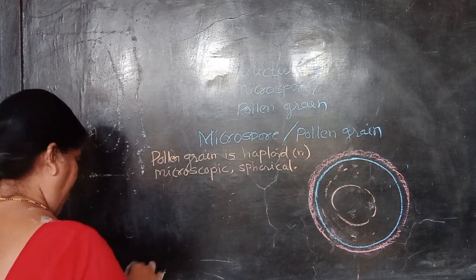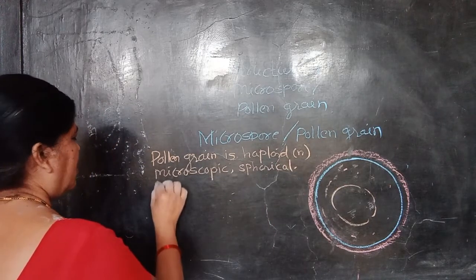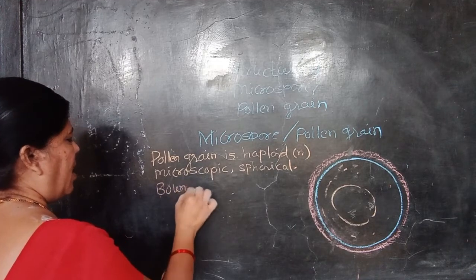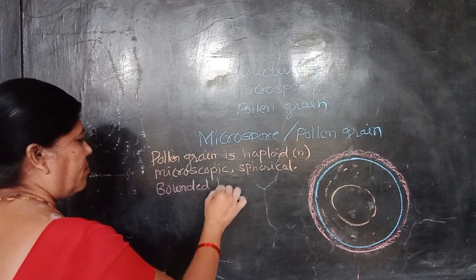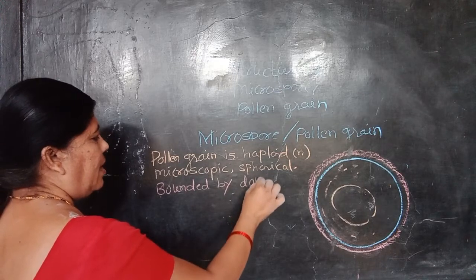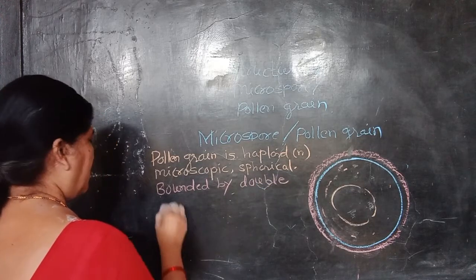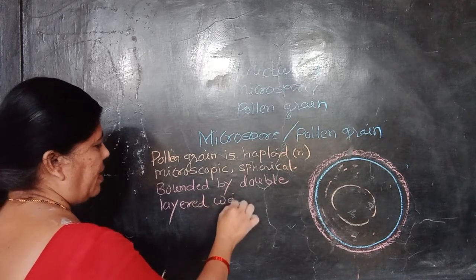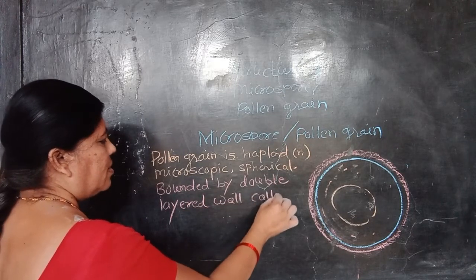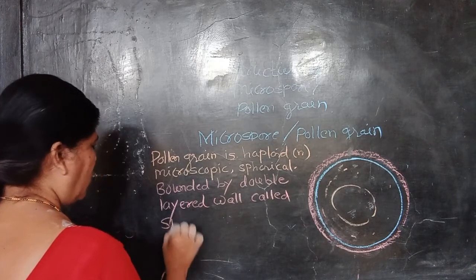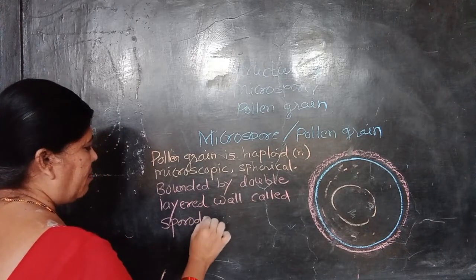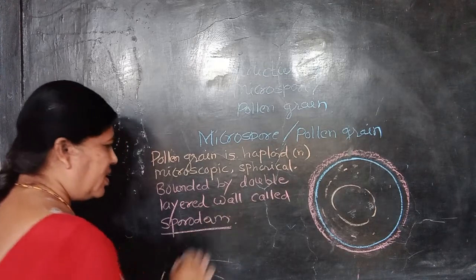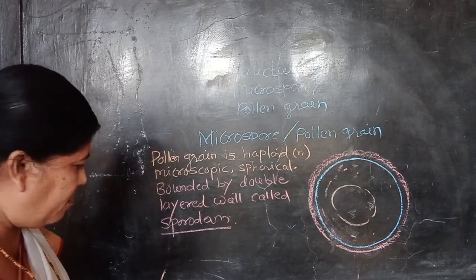It is bounded by a double layered wall called sporoderm. The double layered wall of pollen grain is called as sporoderm.